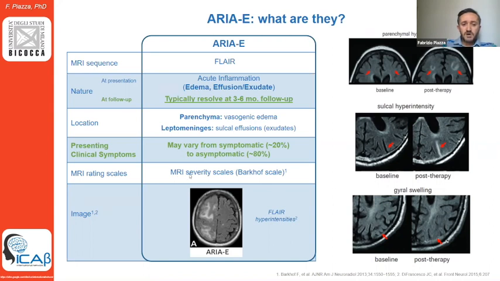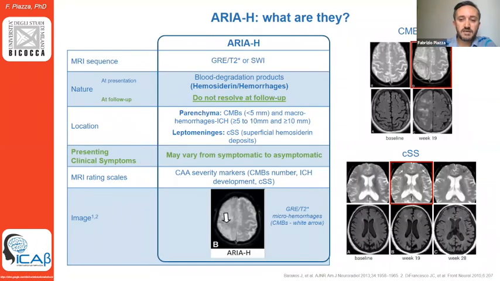So in the past, they also developed an MRI rating scale to try to rate the severity of these events, while the significance of these events, as we will see in a few minutes, is still largely unknown, or I would say there is a lot of work to do to understand the meaning of these events.